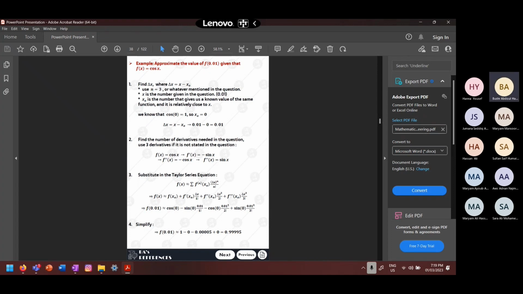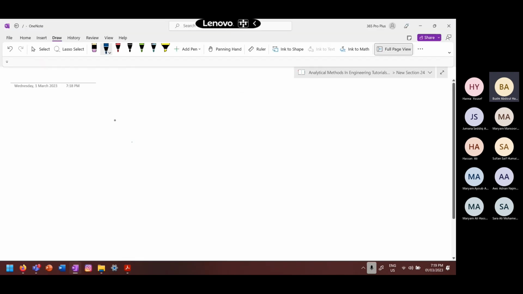Okay, that's your question. We'll work on this question. I think that you solved the question with sine with the doctor. We'll do something here with the cosine. So you're given a function f of x equals cosine x, and you're required to approximate f at 0.01. Now what you want to do here is to find an approximated answer. So what's the famous function that you know that's close to this and can solve cosine x?